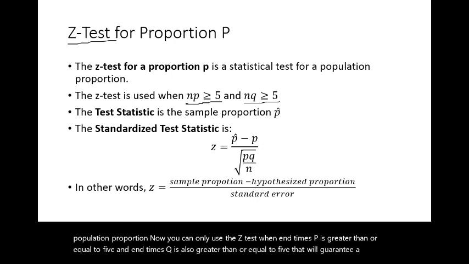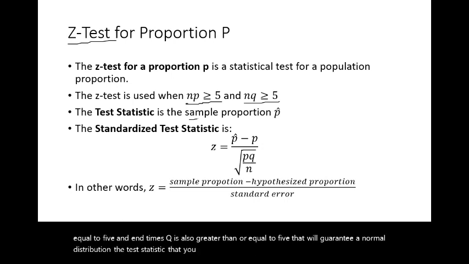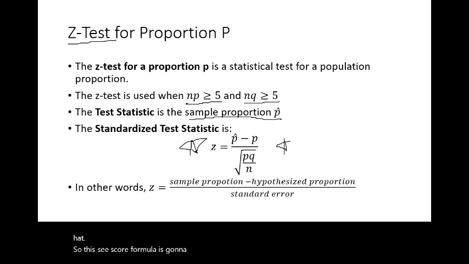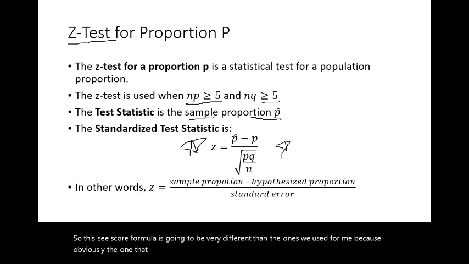The test statistic that you are going to use is the sample proportion of successes, P hat. So this z-score formula is going to be very different than the ones we used for the mean, because obviously the one we used for the mean involved the mean. This doesn't involve the mean at all. This uses proportion.